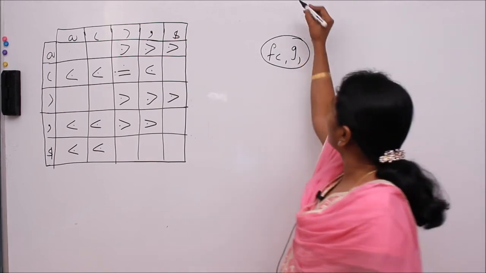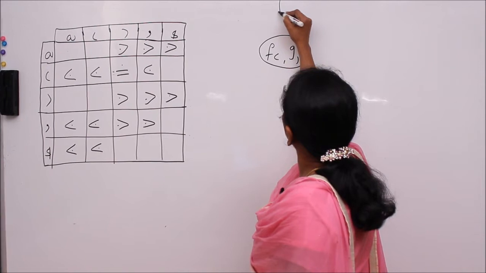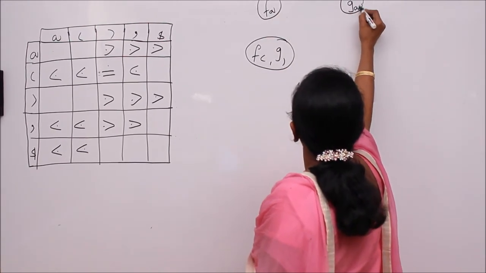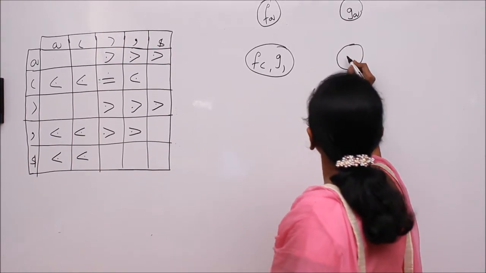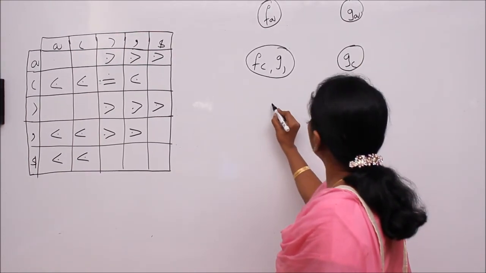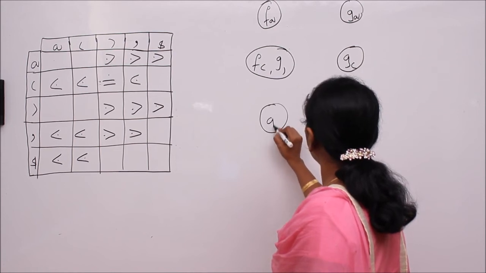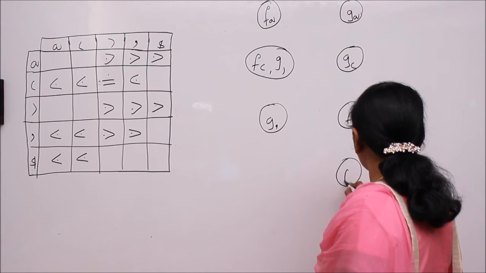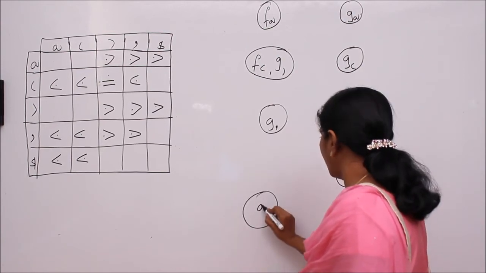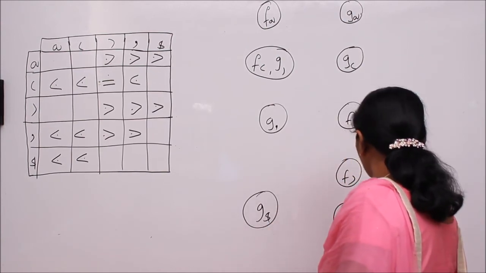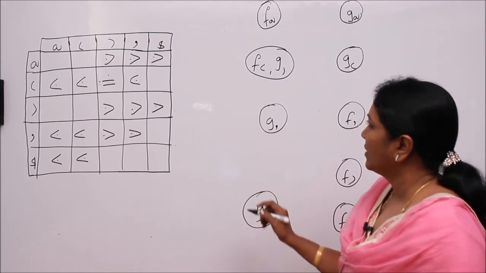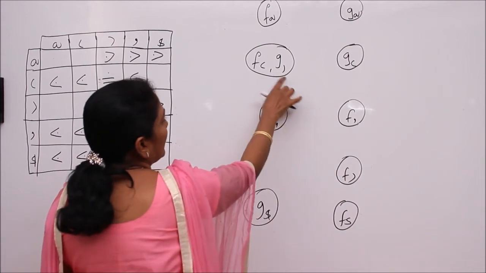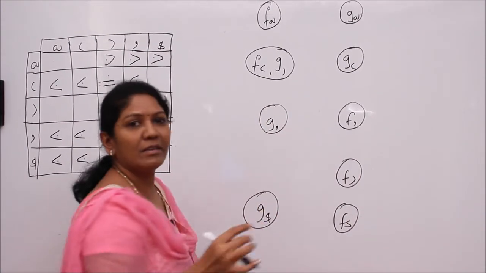Okay, so let us take all the nodes: FA, GA, G left parenthesis, then G comma, F comma, F closing parenthesis, G dollar and F dollar. Because of the equal to relation, only these two will be under one; the remaining should all be separate nodes.